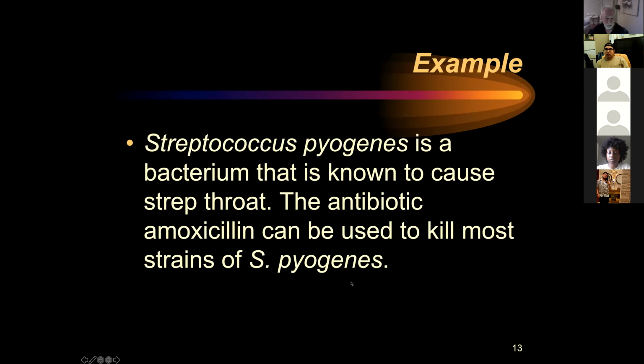So here's an example. The bacterium Streptococcus pyogenes is known to cause strep throat. The antibiotic amoxicillin can be used to kill most strains of S. pyogenes, not Streptococcus but S. pyogenes. And you'll notice that it's italicized in this case.